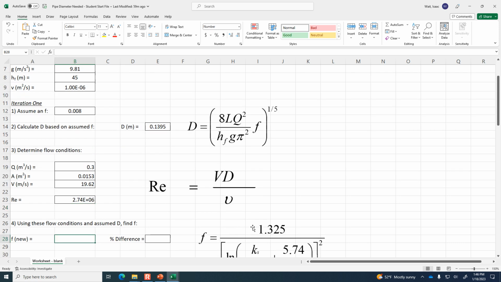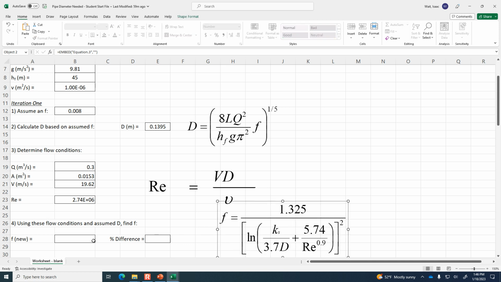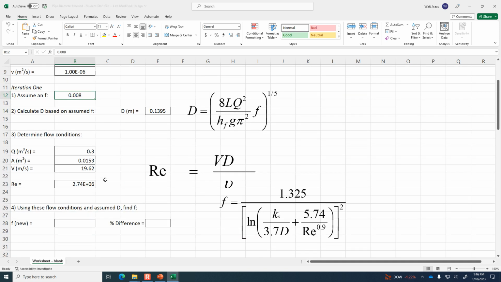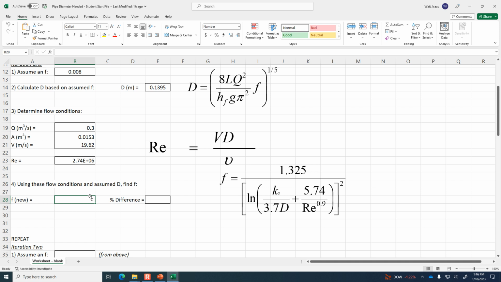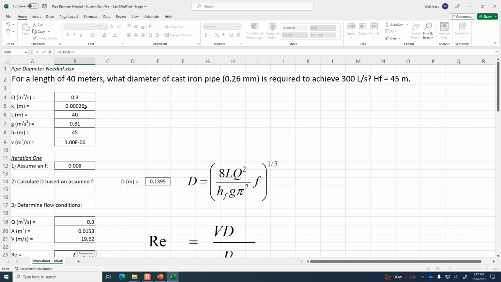Now, let's improve our guess of the F value using the Jain equation. So we have a Reynolds number. We can do better than just picking an F value out of thin air like I did at first. Let's get a newly updated F value using the Jain equation. So equals, you're going to get good at typing the Jain equation this semester, 1.325 divided by the logarithm of k sub s, which was here.